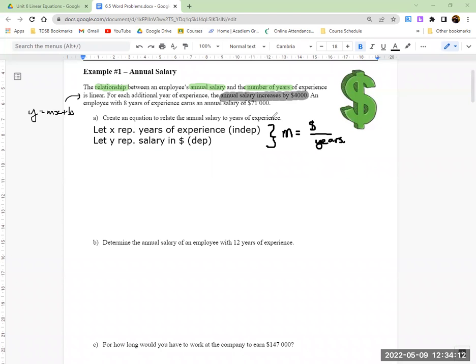Can you find that from the wording? Some amount of money per number of years. Abby, is it $4,000 per year? Correct. For every additional 1 year, the change in my salary is 4,000 per 1 year.